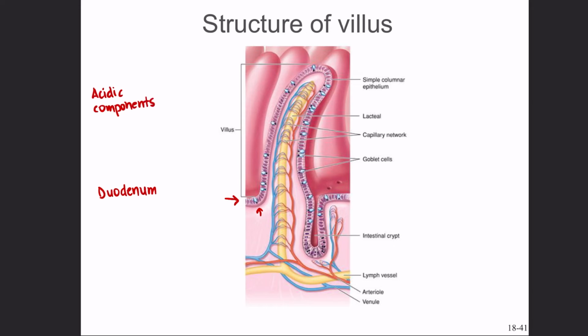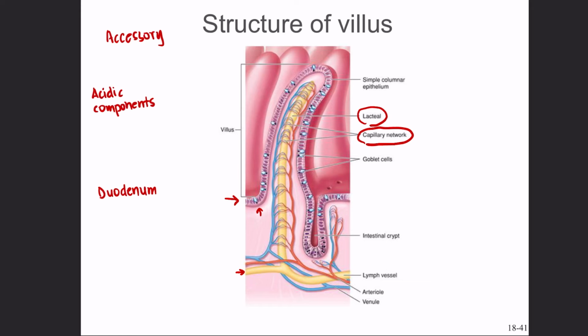And then remember that we are going to want to break down our constituents into their smallest monomers, and we'll talk more about those when we talk about the accessory structures. But one thing to notice here is that there is a lymph vessel called a lacteal surrounded by a capillary network.